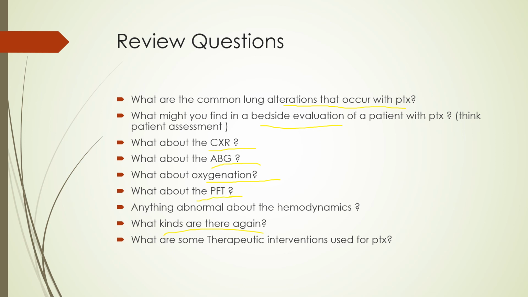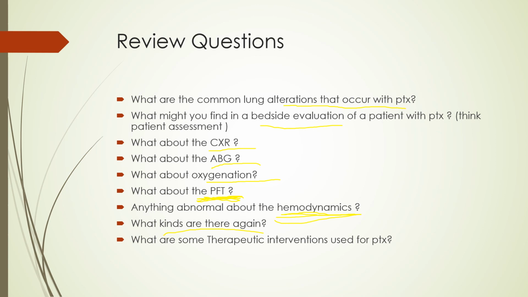Patient has a resolved pneumothorax. You do a pulmonary function test on them after the pneumothorax has been resolved, down the road. What would it show with their volumes? What would it show with their flow rates? Would anything abnormal happen with the hemodynamics in a severe tension pneumo, right? What would happen with their hemodynamics?